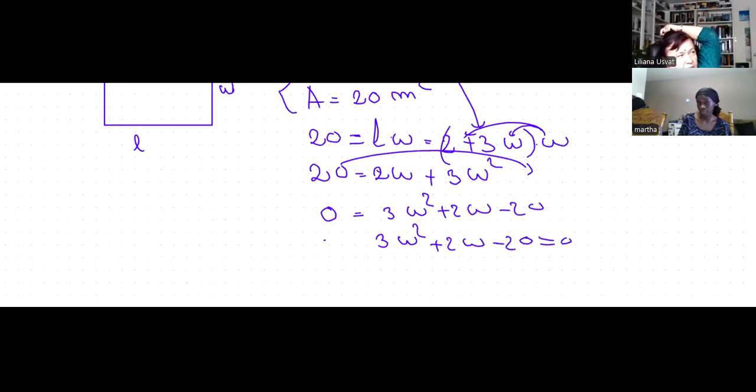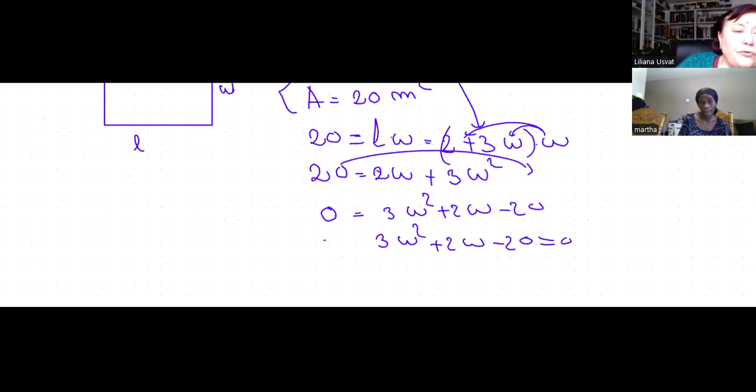Now we can use quadratic formula, or we can try to find two numbers that multiply to give minus 60 and add to plus 2. It's harder. Let's use quadratic formula.